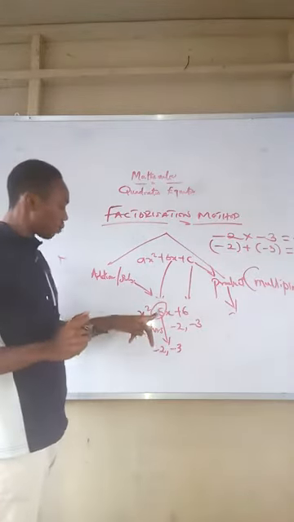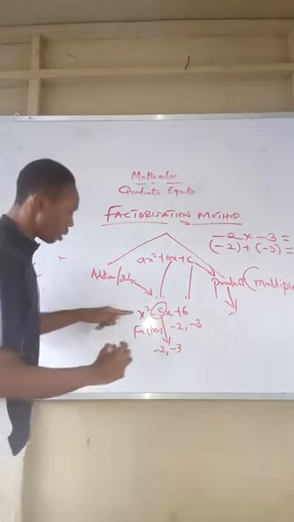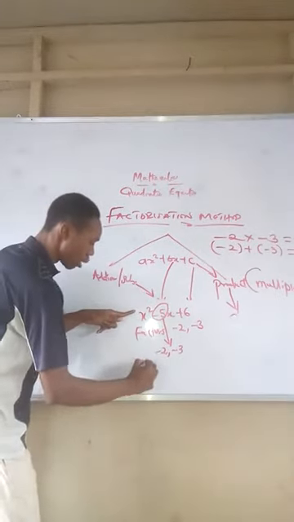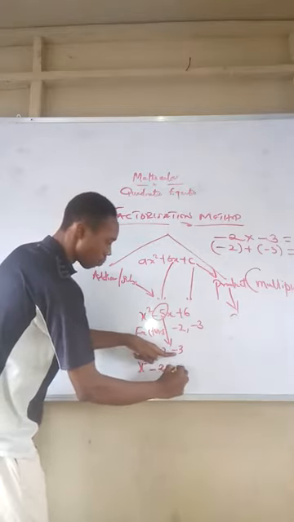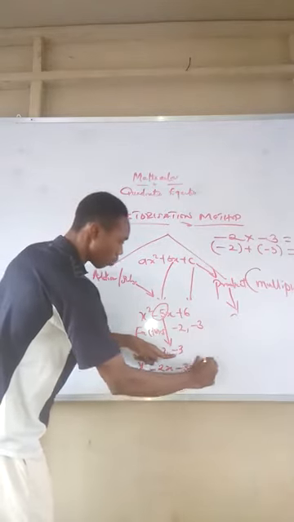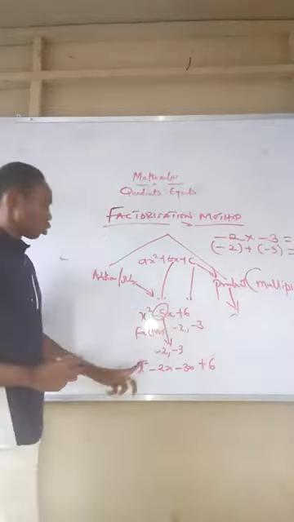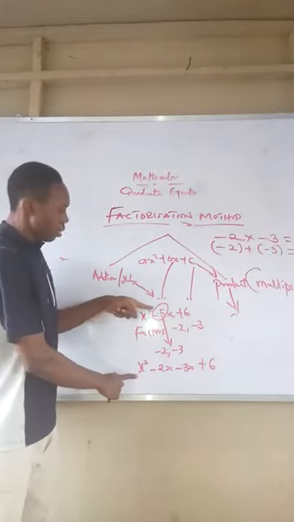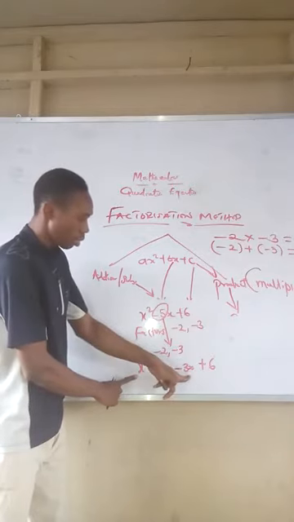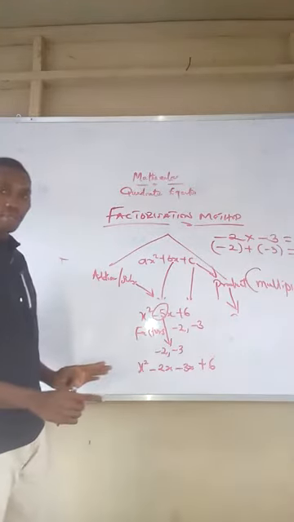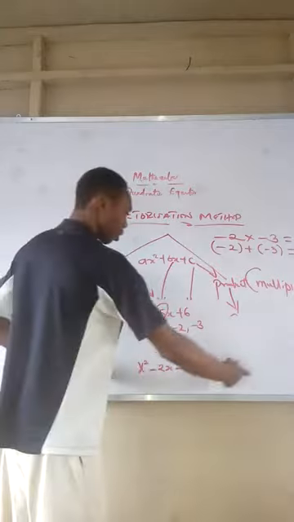How will we change this -5 to -2 and -3? It's x squared minus 2x minus 3x plus 6. So we have x squared, which is this. Instead of writing -5, we have split it into -2 and -3, and plus 6. We have succeeded in outlining it.